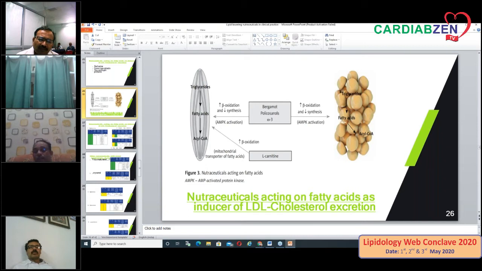Similarly, there can be increased beta oxidation and reduced synthesis of fatty acids and triglycerides, with L-carnitine being the mitochondrial transporter of fatty acids. So they can activate mitochondria for utilizing these fatty acids. So reduced production and better utilization of fatty acids takes place in the form of energy, in an efficient manner.